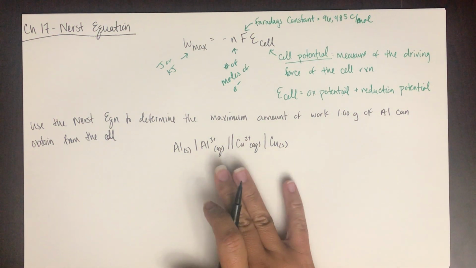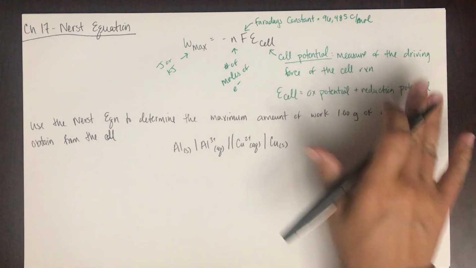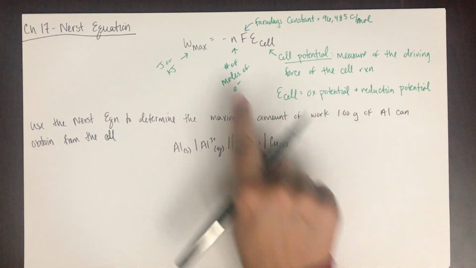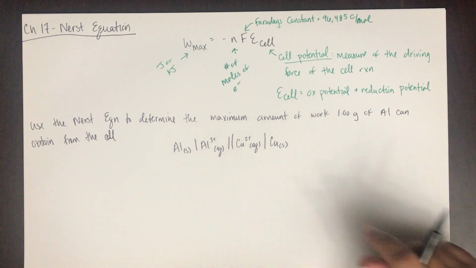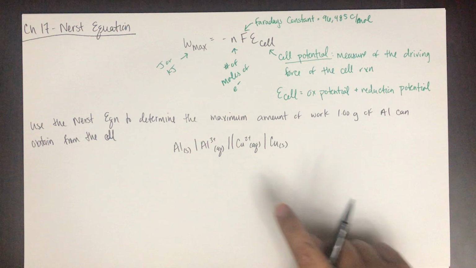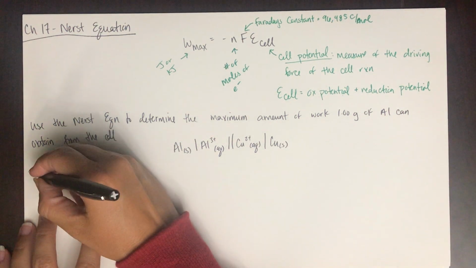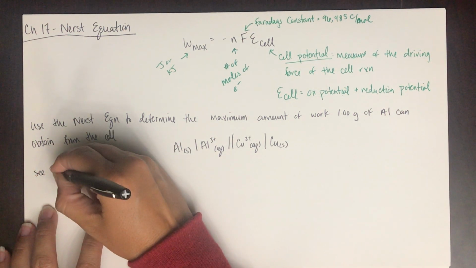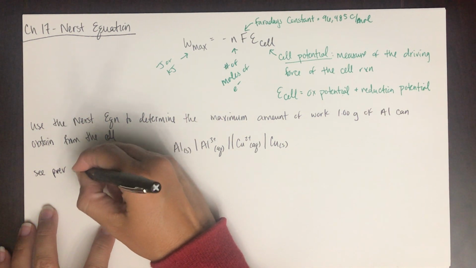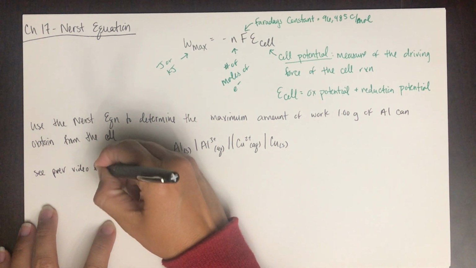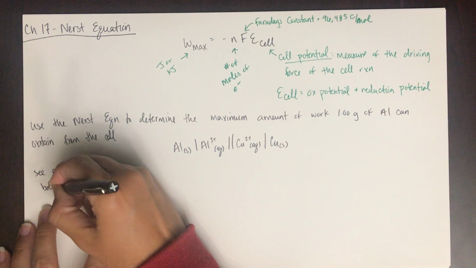We are going to use this and the Nernst equation to calculate the maximum amount of work that 1 gram of aluminum can do. See the previous video for the balanced equation.